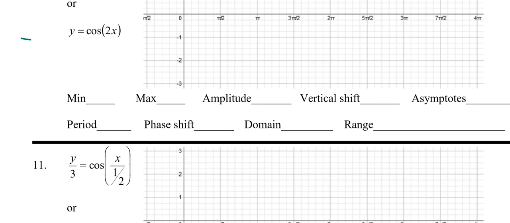Okay, now, on question 10, you will be given a question like this. Y equals cosine 2x. Now, I need you to understand, just like we talked about yesterday, 2x over 1. Some of you are going to get really confused about what is going on with the horizontal direction here.